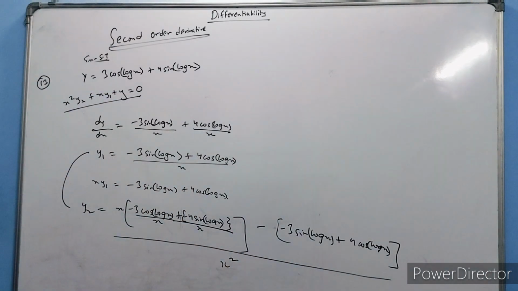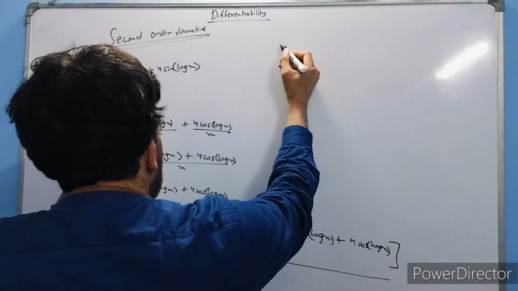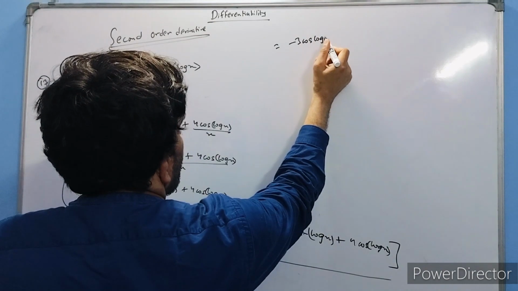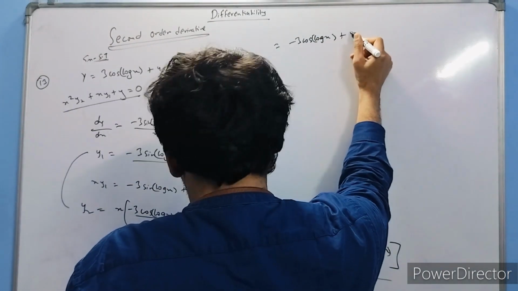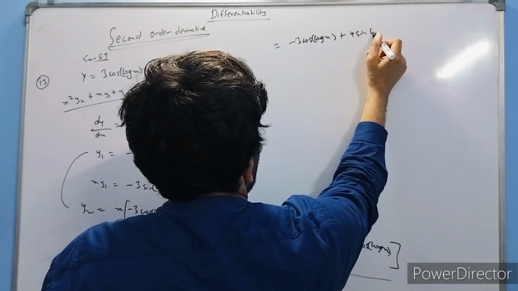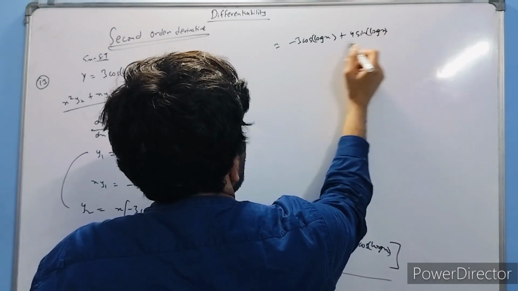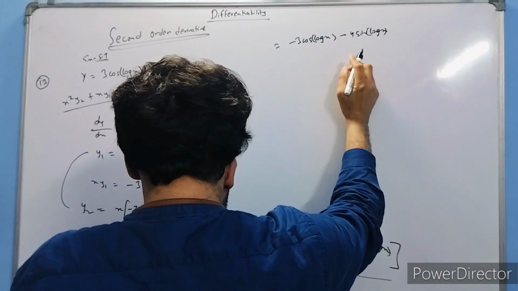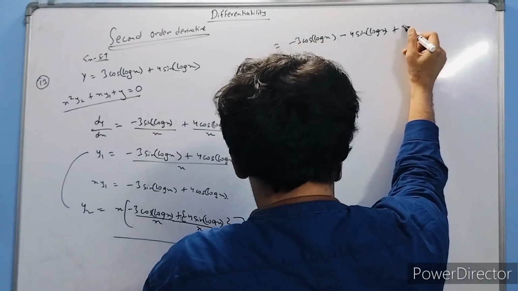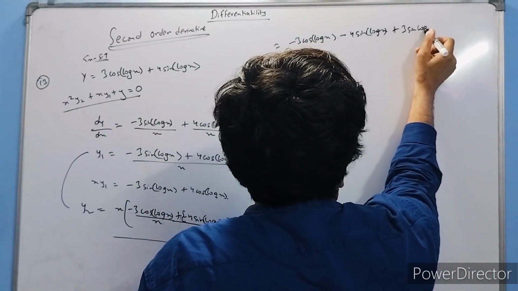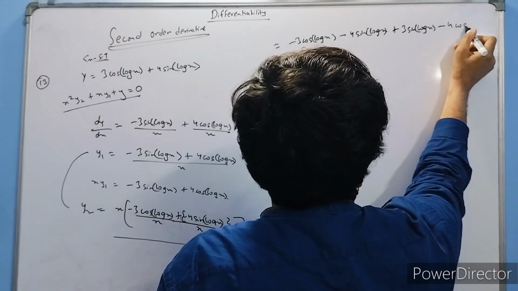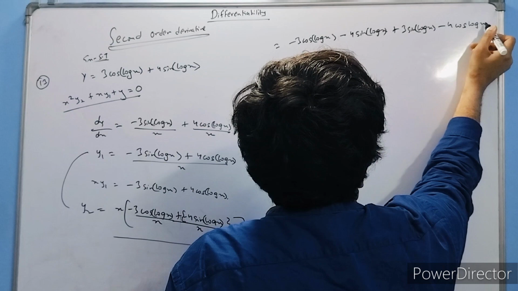So x will be reduced by this, so we got here minus 3 cos log x plus 4 sine log x. It will be minus, and we have plus 3 sine log x minus 4 cos log x.